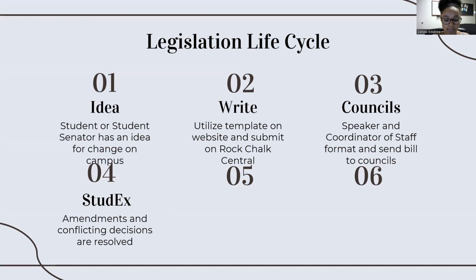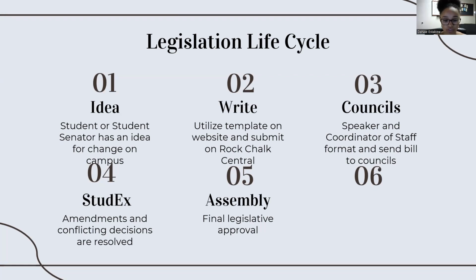And StudX is made up of all of the executive branch, and then the Speaker of the Assembly, the Internal Affairs Director, and all three of the chairs from the three different councils. And so StudX will take a final vote on them, after which they will go to Assembly.